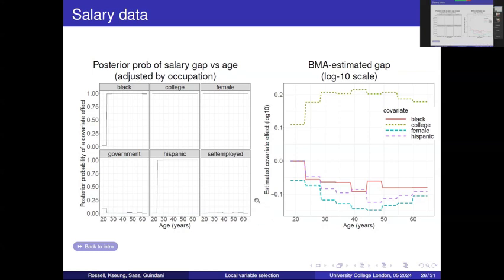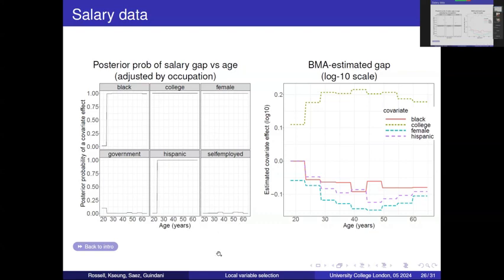For example, at any age there's a positive effect of college education. There's a negative association with gender. There's no association with being government employed or self-employed. And with racial issues like being Black or Hispanic, there's an effect, but not immediately after joining the workforce. This is the picture that we get with the multi-resolution analysis.